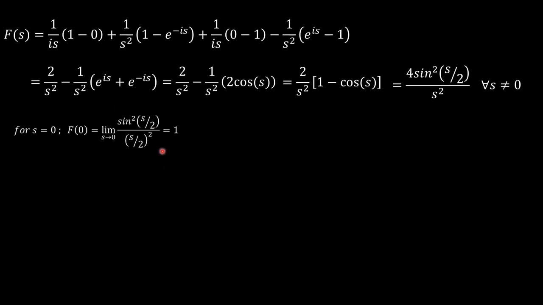What is the Fourier transform of the function, students? It is 4 into sine square s by 2 divided by s square. Over here, I have written 4 by s square as s by 2 whole square. Okay. As s tending to 0, sine square s by 2 divided by s by 2 whole square will be tending to 1.